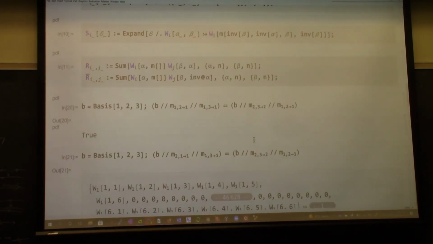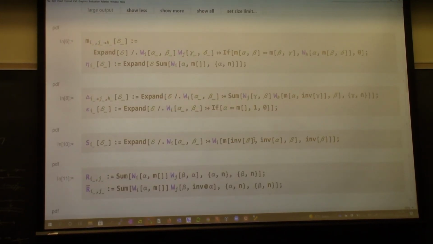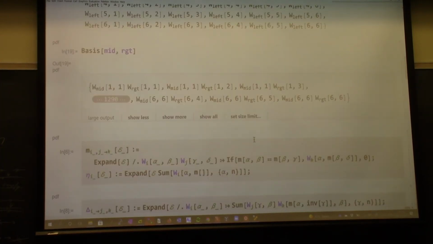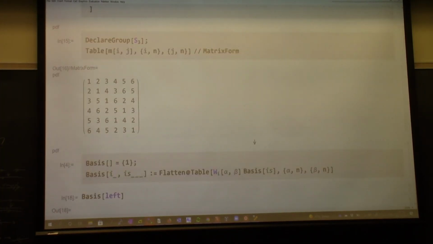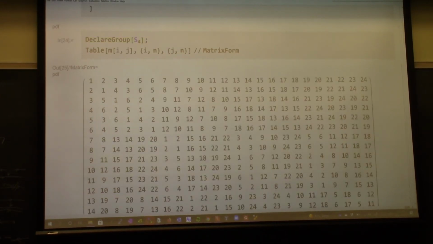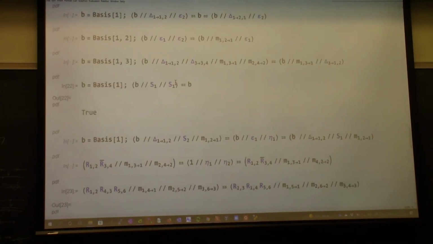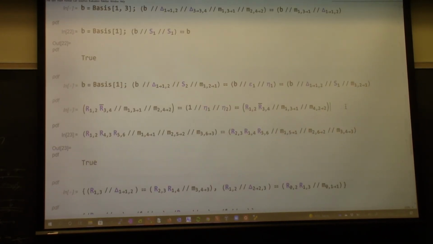By the way, it works for S3, but I could replace 3 by 4 and then run it again. Pick an axiom, this one, and it will run. It will take a little longer.